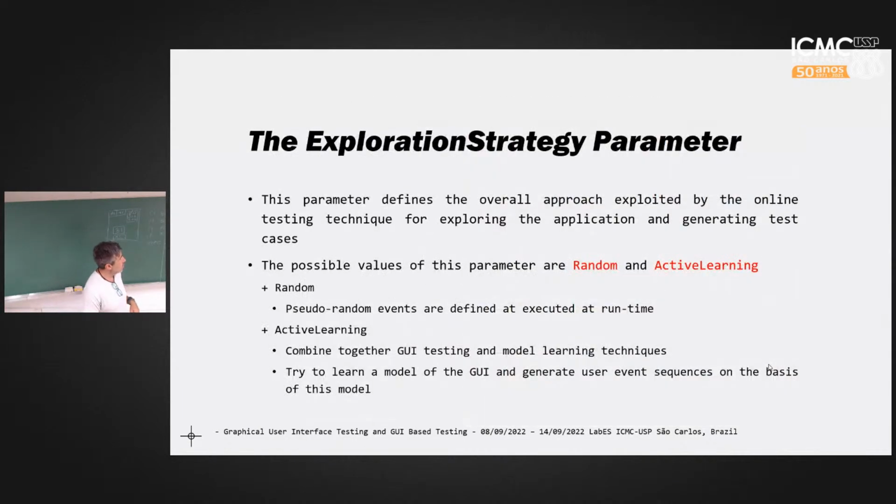As an example, for the exploration strategy, the parameters define if you want to build a model or not. These are the parameters that we found in literature. In literature, we found active learning approaches or random approaches. I don't know if you know Pekkau and Tanja Vos.